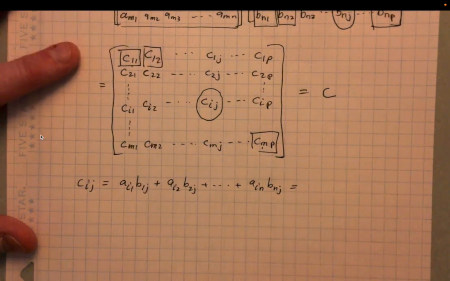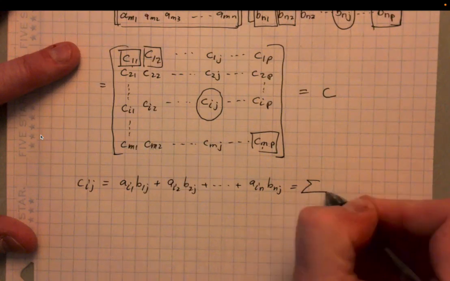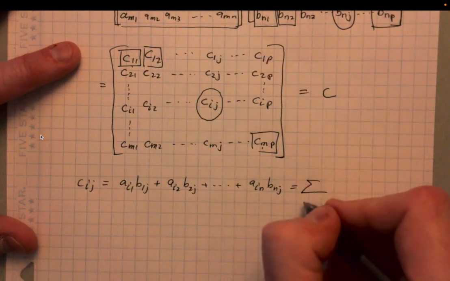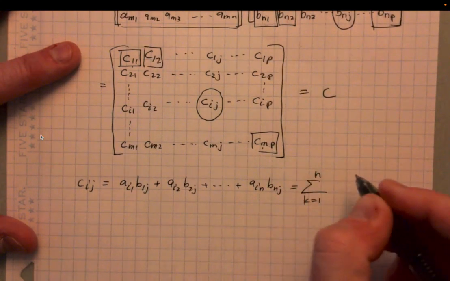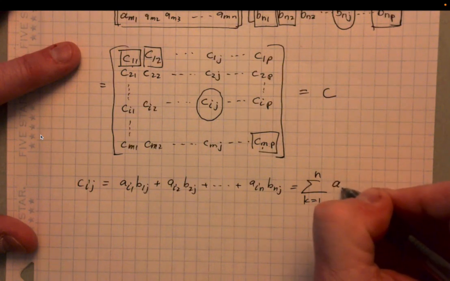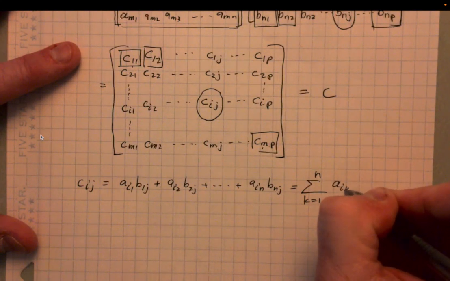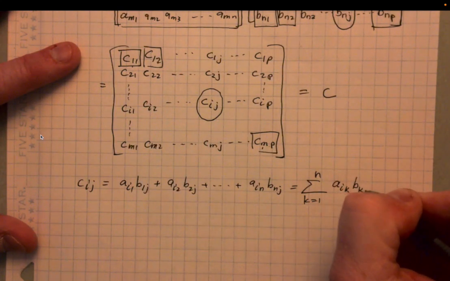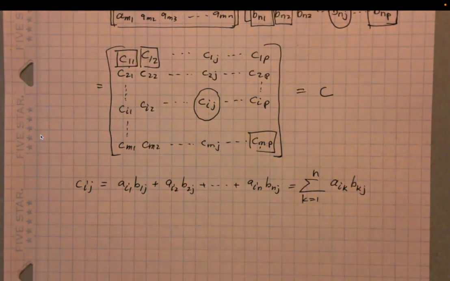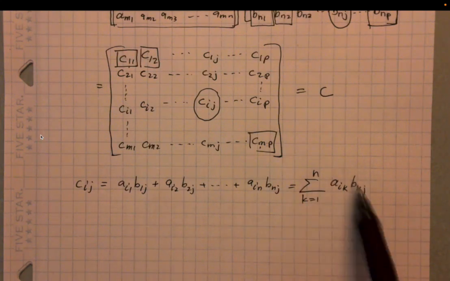And we can more concisely write that as the sum from k equals 1 up to n of aik times bkj. This is just a helpful way to summarize the dot product for the Cij entry.